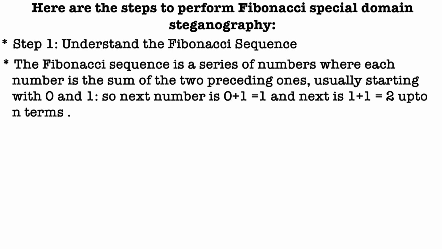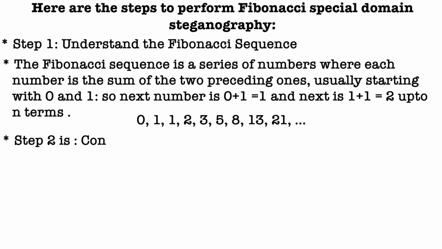So, the next number is 0 plus 1 equal to 1, and the next number is 1 plus 1, that is 2, up to n terms. So the final series of the Fibonacci sequence is 0, 1, 1, 2, 3, 5, 8, 13 and so on.